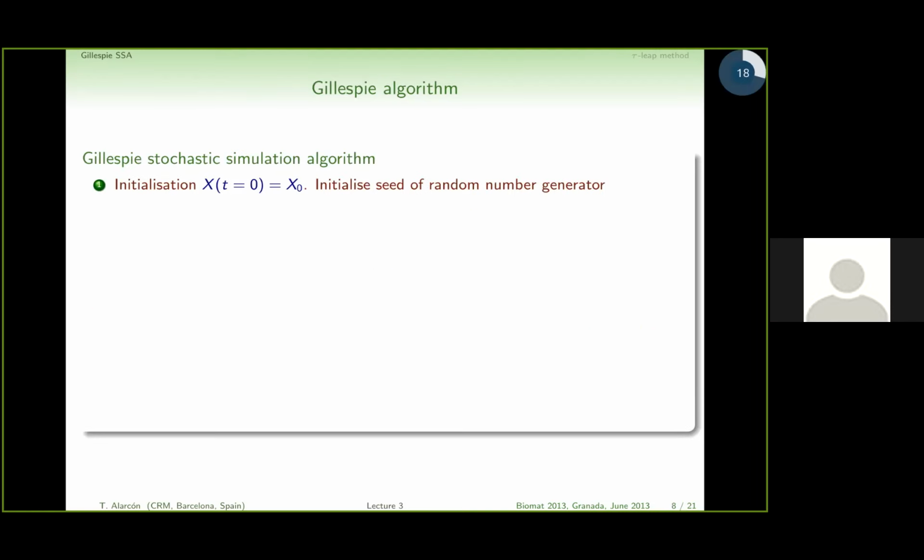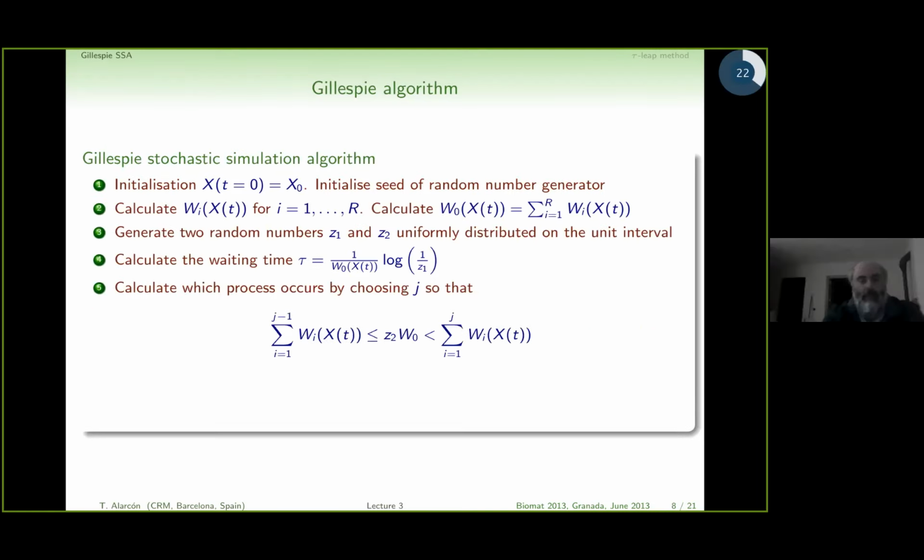Now here you have tau, now you have J, and then you can just update the state of the system.